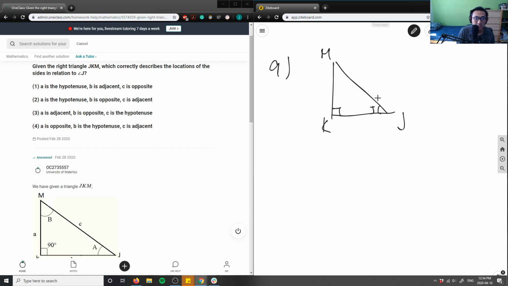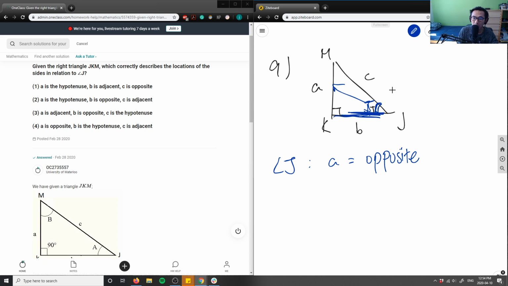So this here is J, and then this here is A, B, and C. I need to know what is the hypotenuse, what is the adjacent, and what is the opposite according to J, according to this angle here. So according to angle J, A would be my opposite, the opposite side of J. What's adjacent to J is this length here, adjacent to this angle.